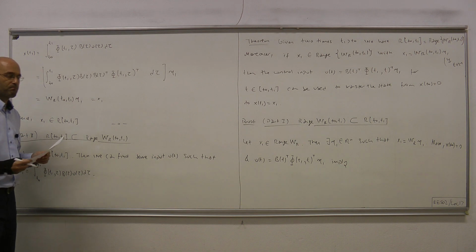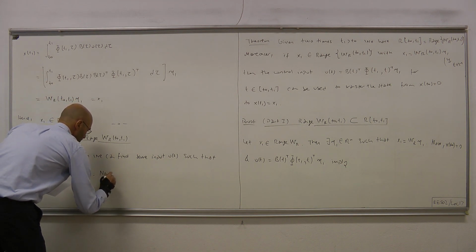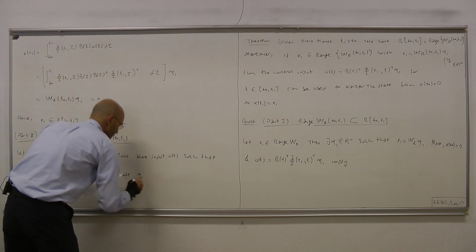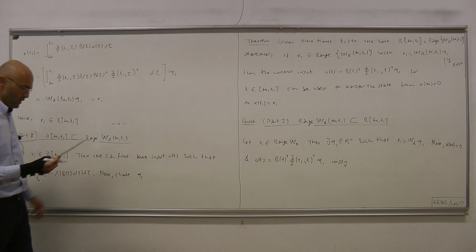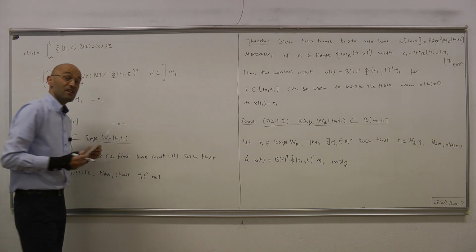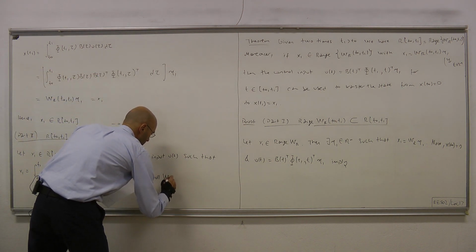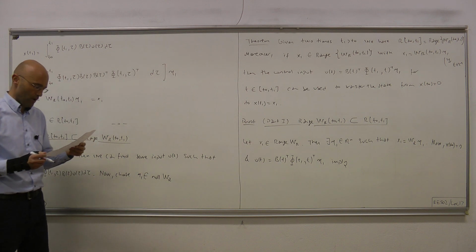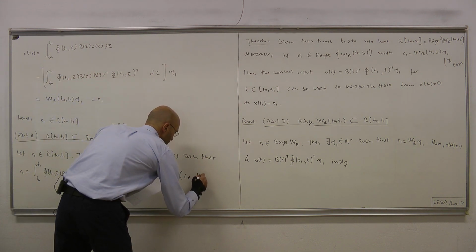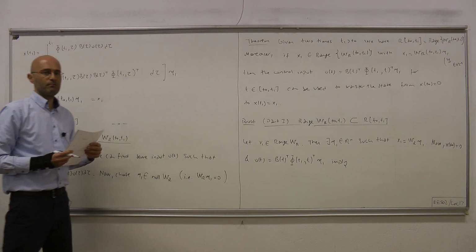Okay. Now, let's choose an arbitrary eta1 that belongs to the null space of the reachability Gramian, the null space of W_R. That is, W_R times eta1 equals 0.